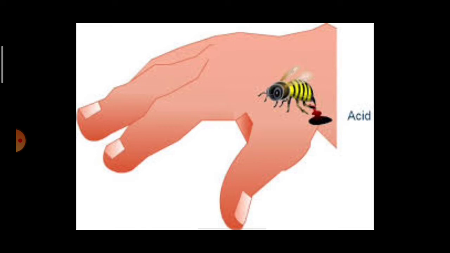To get relief from an ant sting, the acid is neutralized by a base like sodium bicarbonate, baking soda. If you apply a pinch of baking soda there, the pain will be reduced, because the acid will be neutralized by the baking soda, which is the base. Or we can use zinc carbonate, or calamine lotion. So these are the bases used against ant stings.